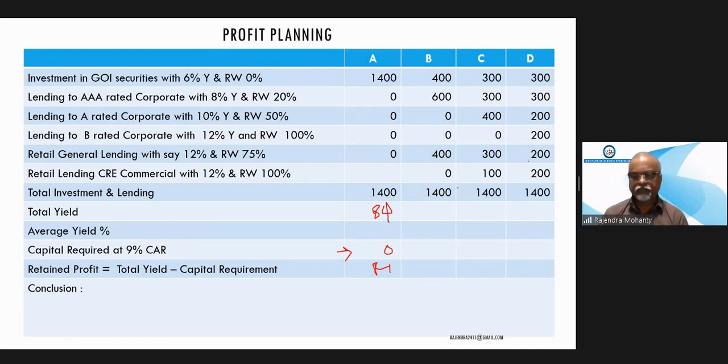How are you forgetting the capital formula? Exposure multiplied by risk weight multiplied by 9%. Here it is written that 9% is the capital adequacy ratio.